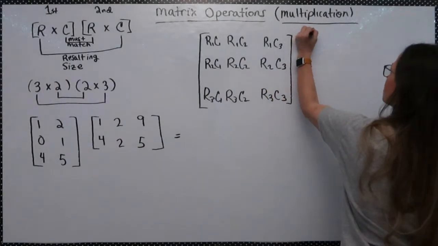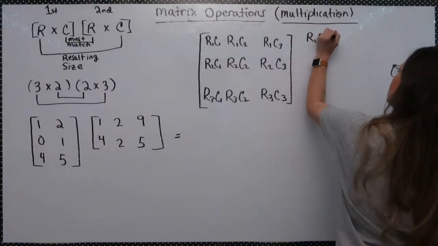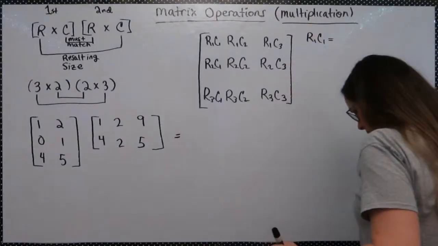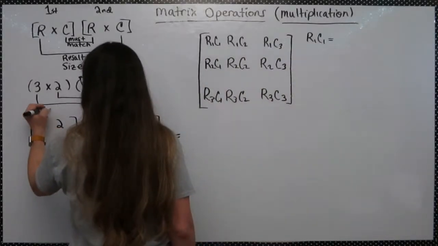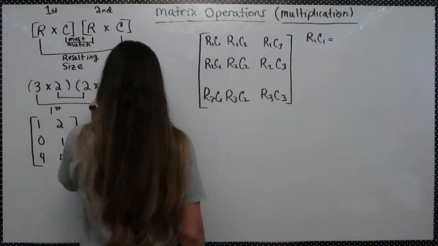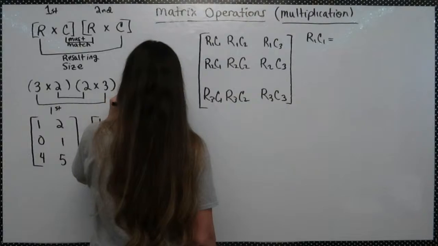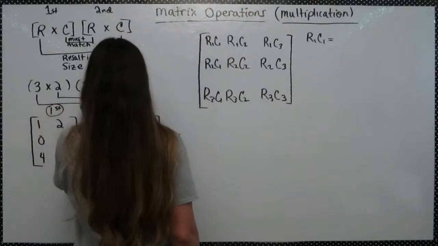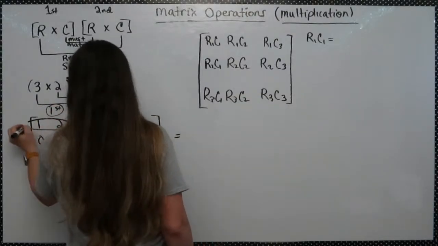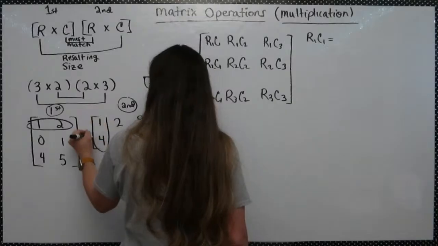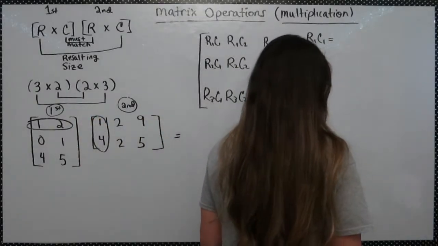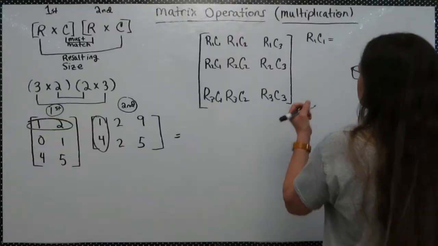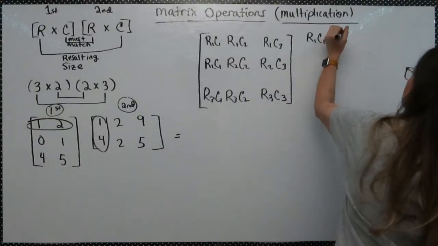So we'll start with row 1, column 1. So it's the row of the first, and this one's the second. So we'll say this row and this column first. Row 1, column 1. So it's the dot product.